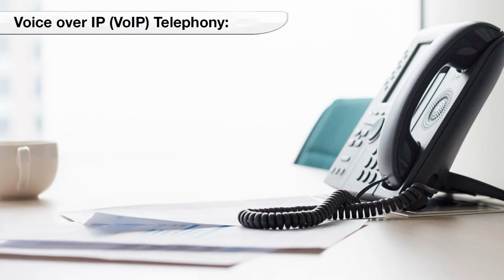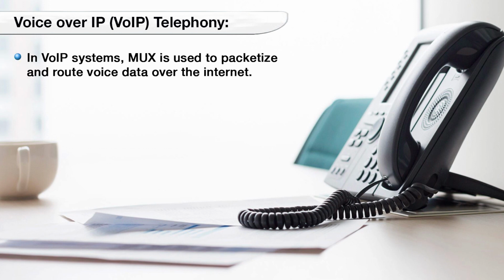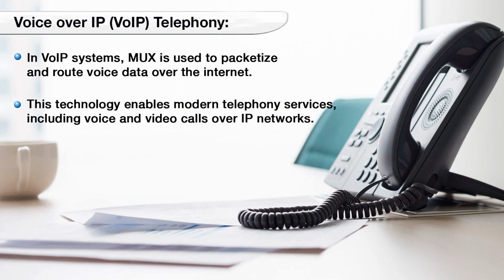Voice over IP, known as VoIP, is a telephony application. In a voice over IP system, the multiplexer is used to packetize and route voice data over the internet. This technology enables modern telephony systems, including voice and video calls over IP networks.